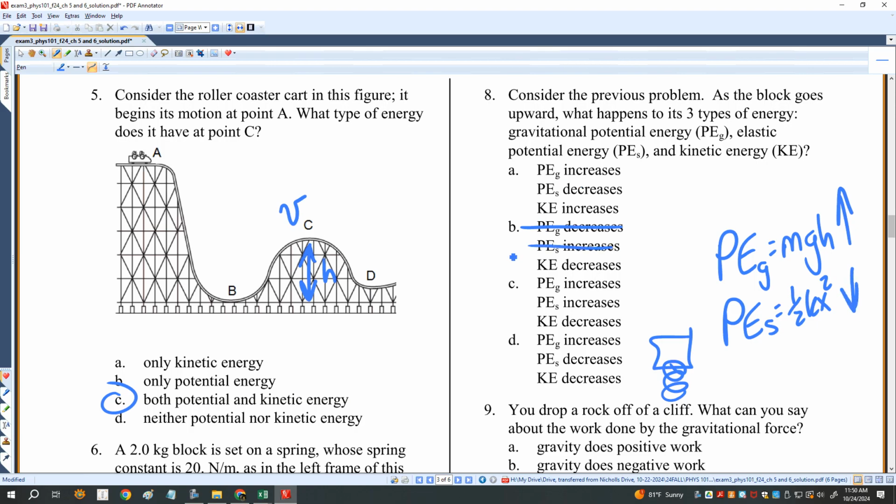So that gets rid of that one, and that one. So it's either A or D. And then finally, the kinetic energy, which is equal to 1/2 mv squared, it slows down, so that means that's going to decrease. So it looks like D is the right answer for number 8.